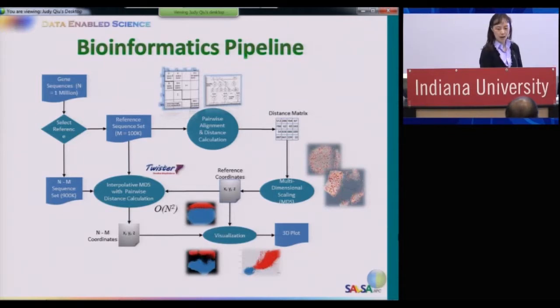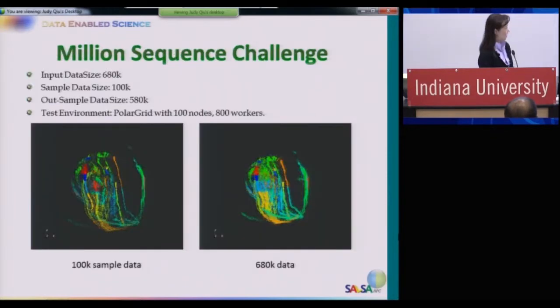There are a lot of complex pipelines in processing bioinformatics data. We actually have a million sequence challenge problem: the input is a very large data set, and we process it, cluster it, reduce its dimension, and visualize it.